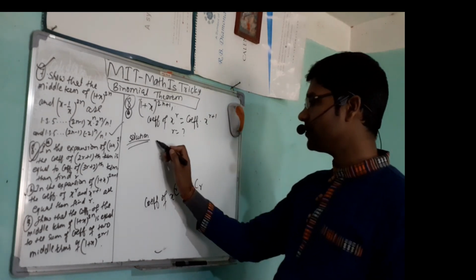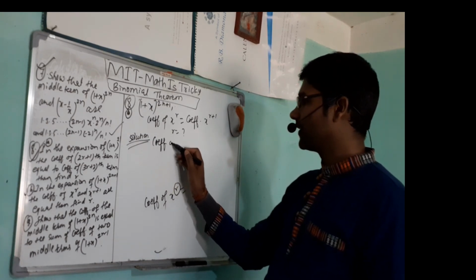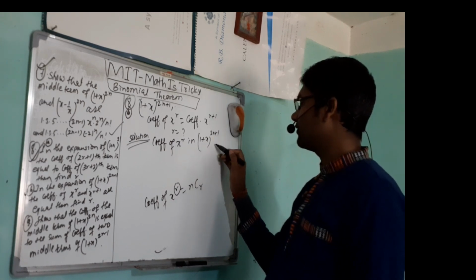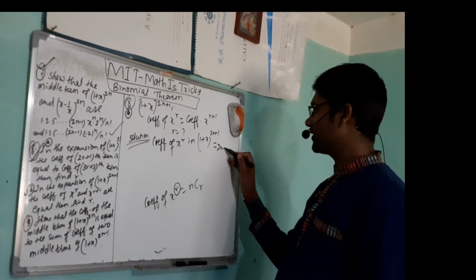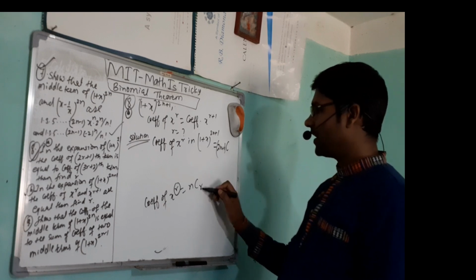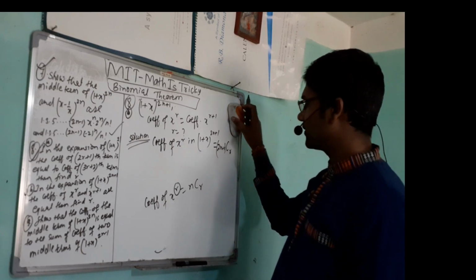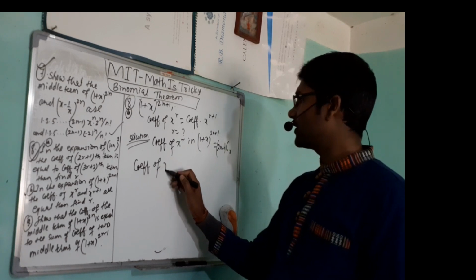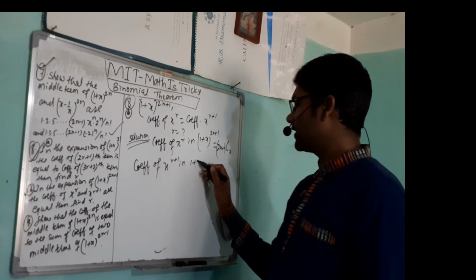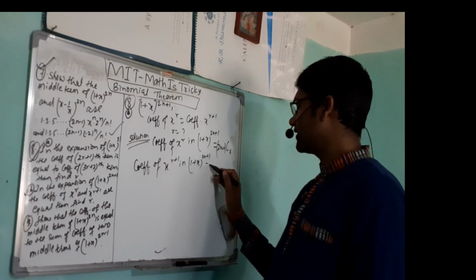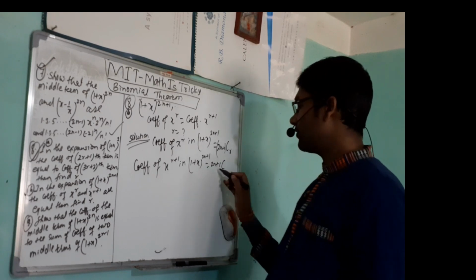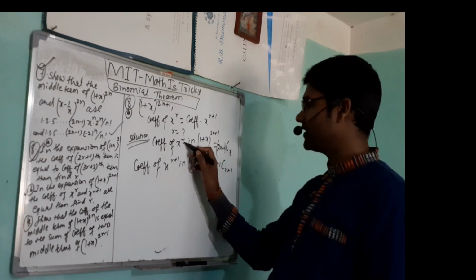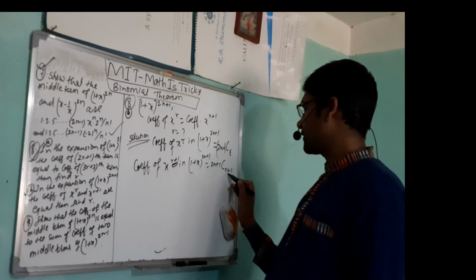So the coefficient of x^r in (1 + x)^(2n+1) will be simply C(2n+1, r). Similarly, the coefficient of x^(r+1) in the expansion of (1 + x)^(2n+1) will be C(2n+1, r+1). The value of r changes, so whatever is here should match the power, r plus 1.